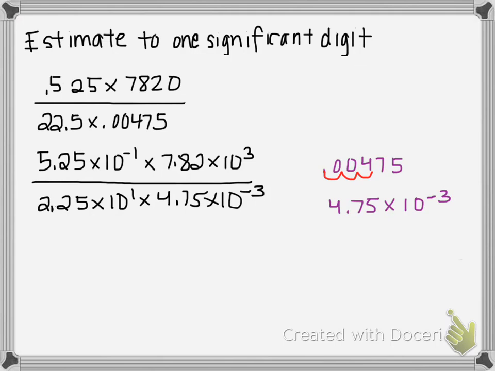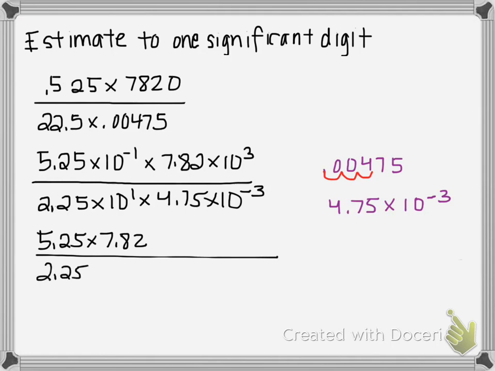All right, now we're going to address the one significant digit part, because I haven't really helped myself out at this point, right? I kind of have with the tens. So we could look at that part first and see how I've helped myself out with the tens. So I'm going to take down the numbers, 5.25 times 7.82, and the 2.25 times 4.75.